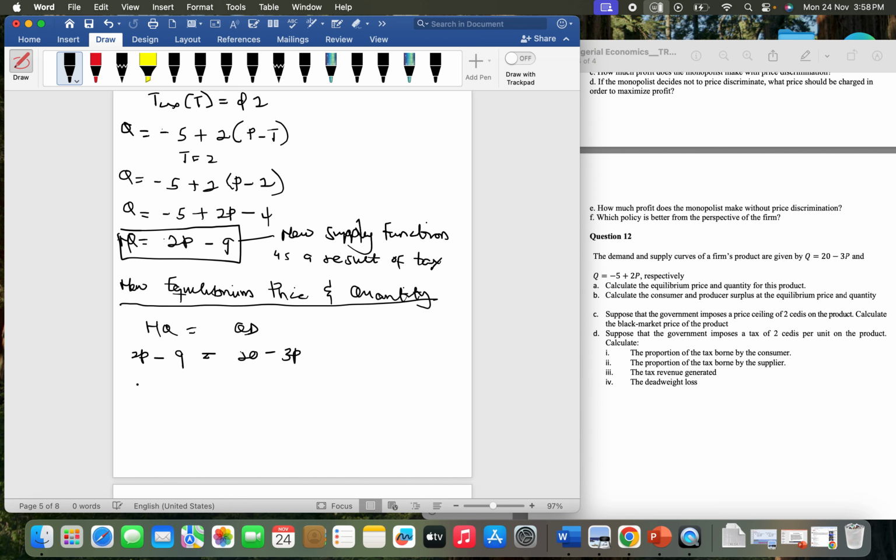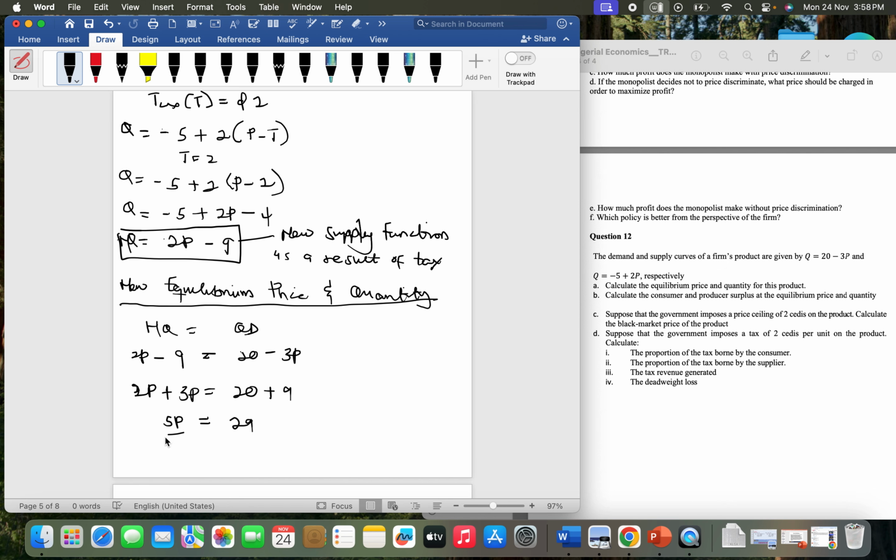So let's group like terms. This is 2P. This is minus 3P; you move it here, plus 3P. This is 20; you move this, giving plus 9. So this gives us 5P equals 20 plus 9, which is 29.